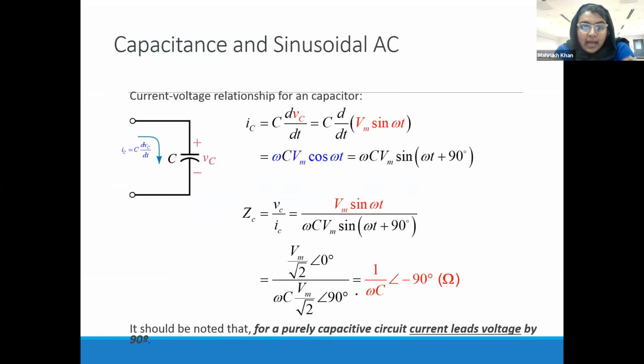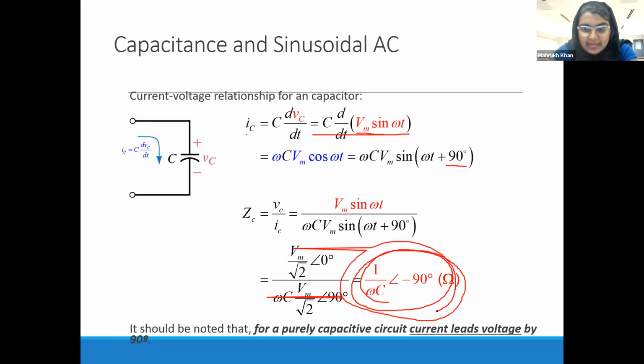Now about the capacitor. In the capacitor, if your VC is Vm sine omega t, your IC will become omega t plus 90, which will make ZC minus 90.